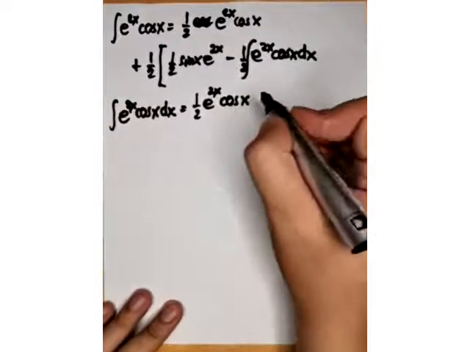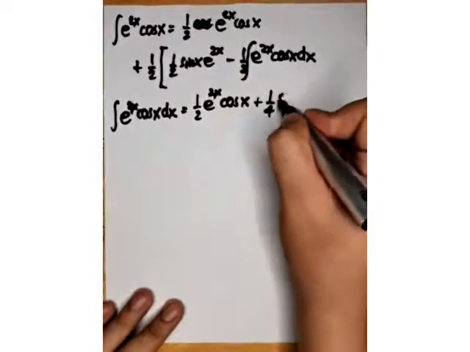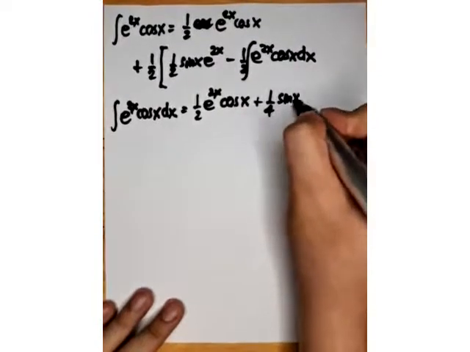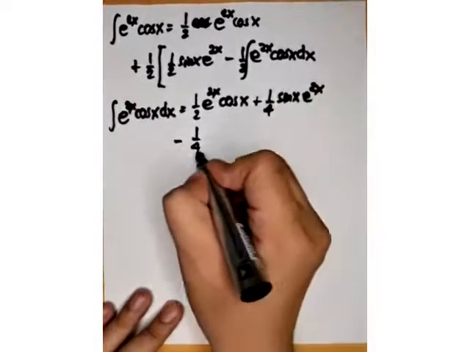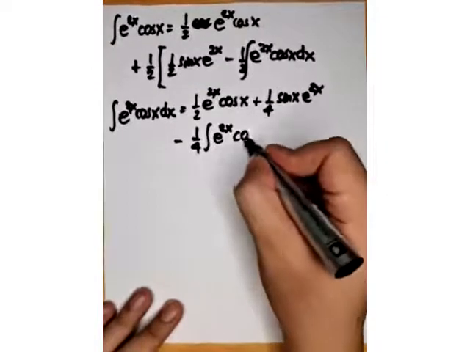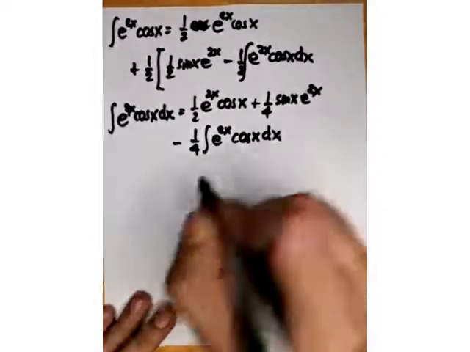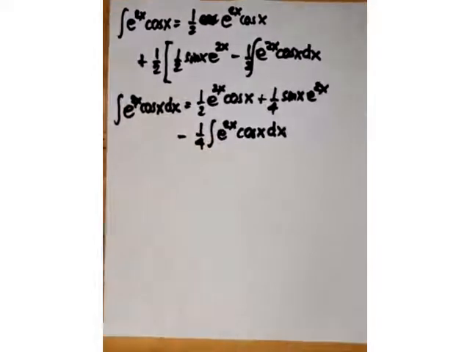Ayan, so nandito na tayo. Plus 1/4 sine x e raised to 2x minus 1/4 the integral of e raised to 2x cosine x dx. Ayan. And then we transpose it to the other side. So magiging siyang 1 plus 1/4.